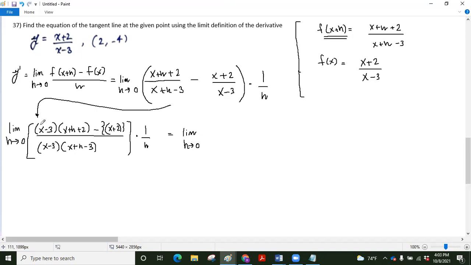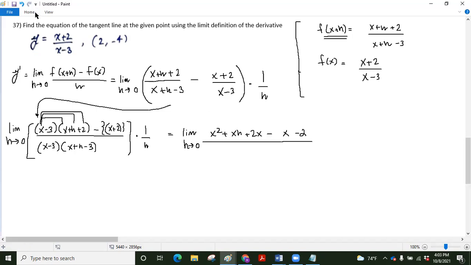So now we're going to have to distribute. So we'll have x squared plus xh, x squared plus xh plus 2x minus x minus 2. And we'll keep this the same. So let's see here. We combine the denominator, multiply.